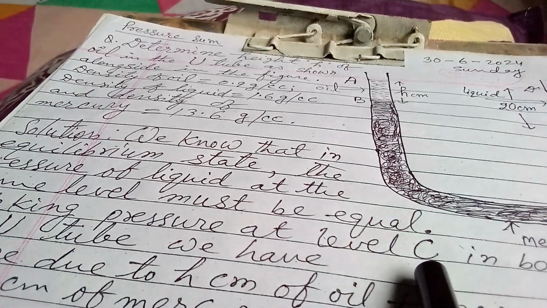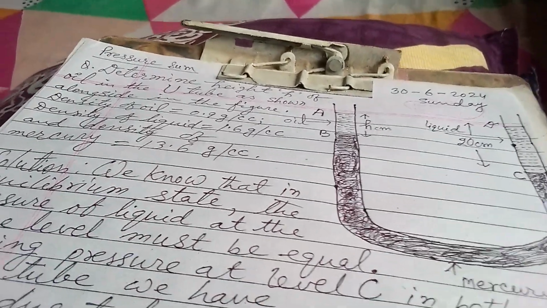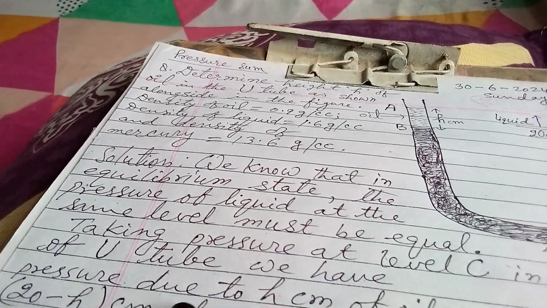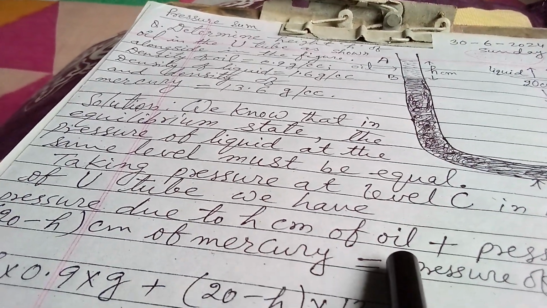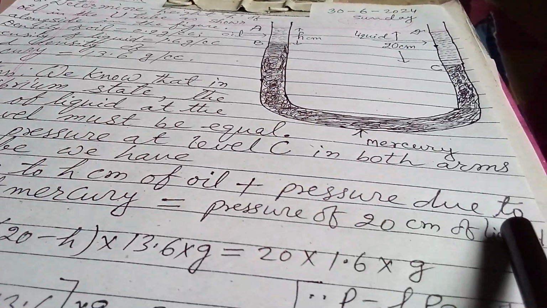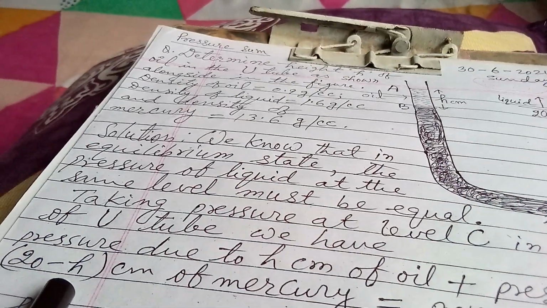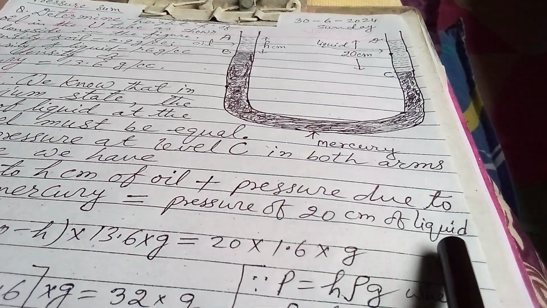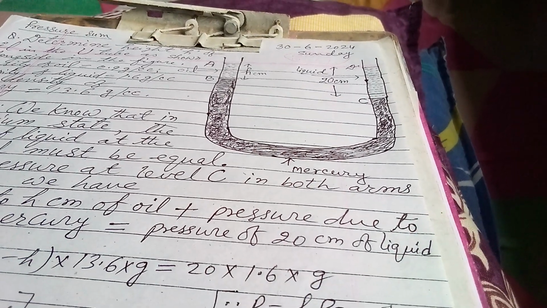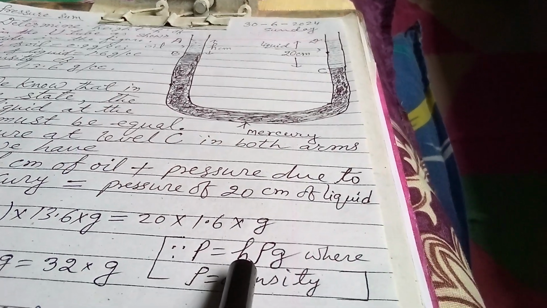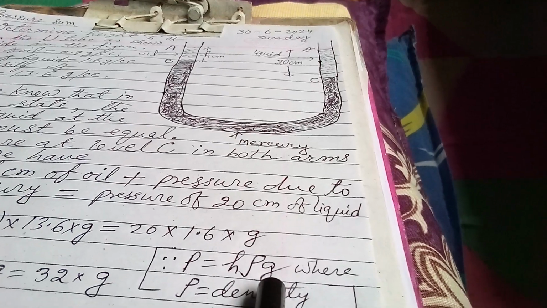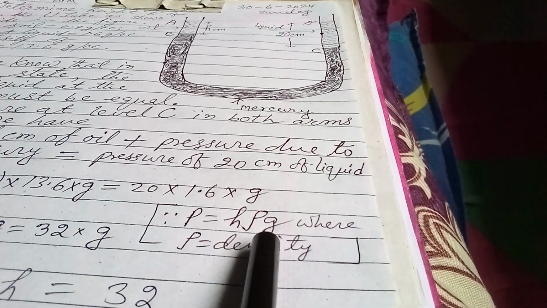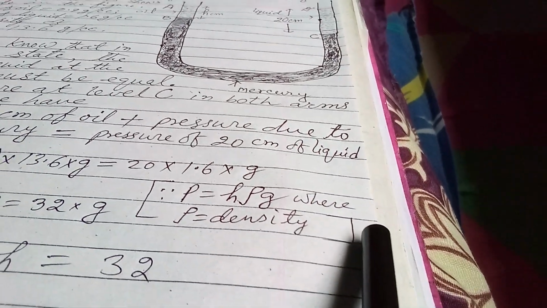Taking pressure at level C in both arms of the U-tube, we have pressure due to h centimeter of oil plus pressure due to 20 minus h centimeter of mercury, that is equal to pressure of 20 centimeter of liquid. And you know the formula, pressure equals h rho g, where P is for pressure, h is for height, rho is for density, g is for acceleration due to gravity.